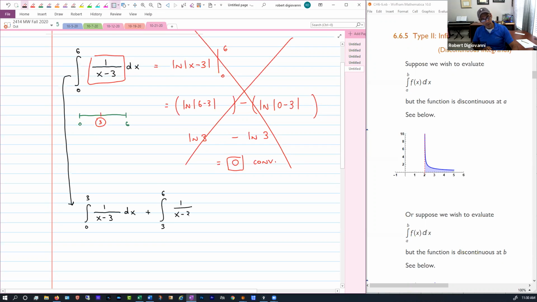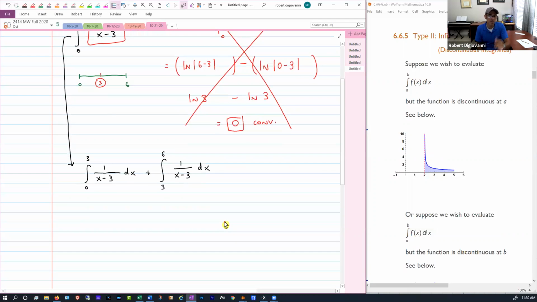Now, splitting up an integral into 2 pieces like that, by partitioning the number line, is something we've done before, so that's not new. What's different now is that we're going to have 2 separate limits.